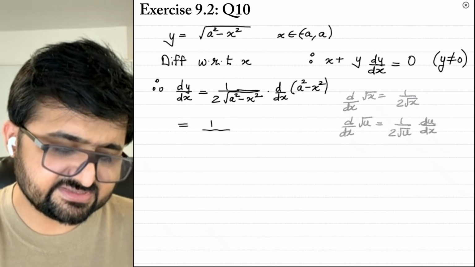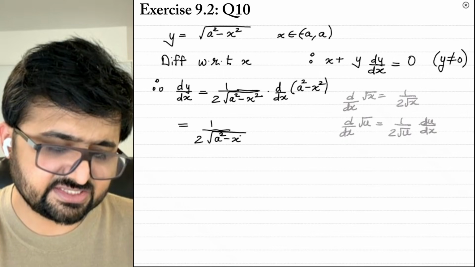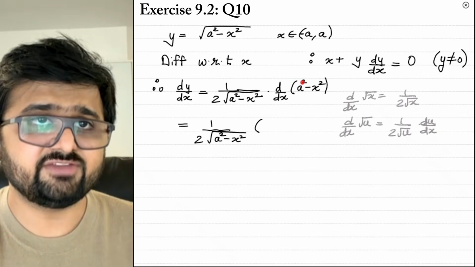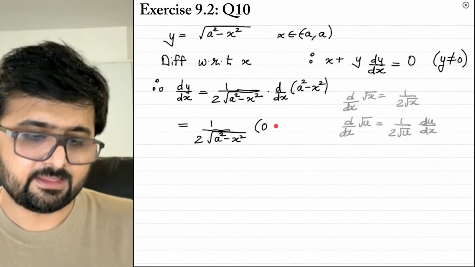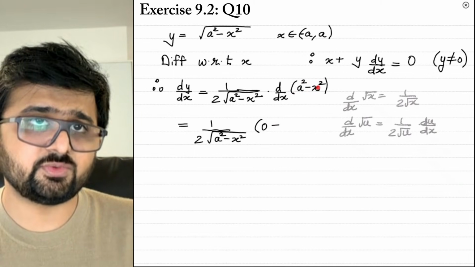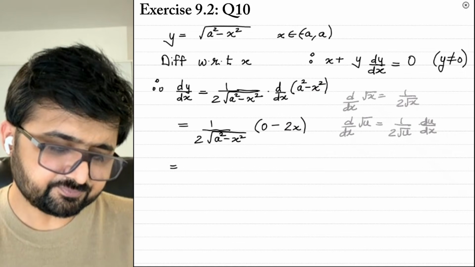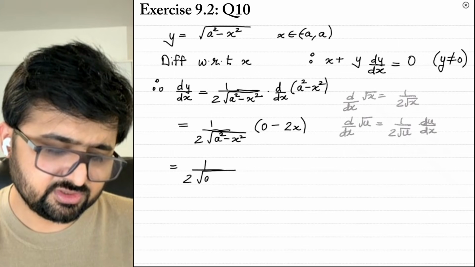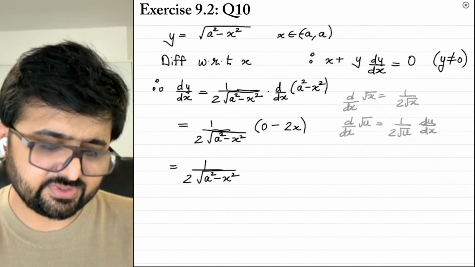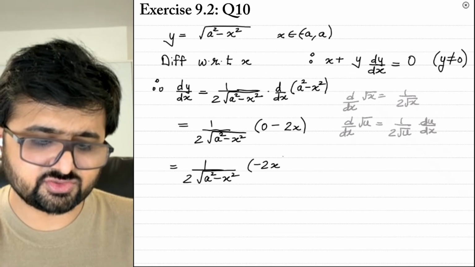Let us simplify this a little bit. So we get 1 upon 2 root a square minus x square. Now, the derivative of a square with respect to x is 0 because a square is constant, minus the derivative of x square with respect to x, which is 2x. Okay. So therefore, we get 1 upon 2 root a square minus x square, and this is 0 minus 2x, which is minus 2x.